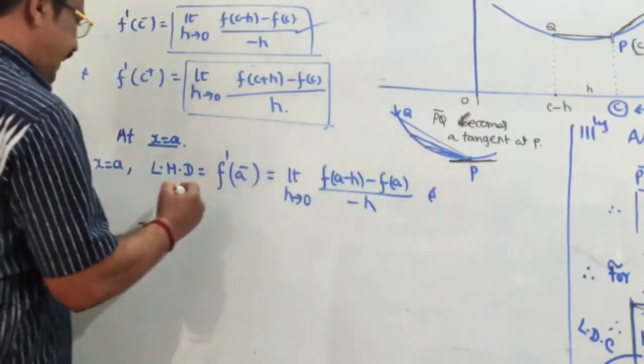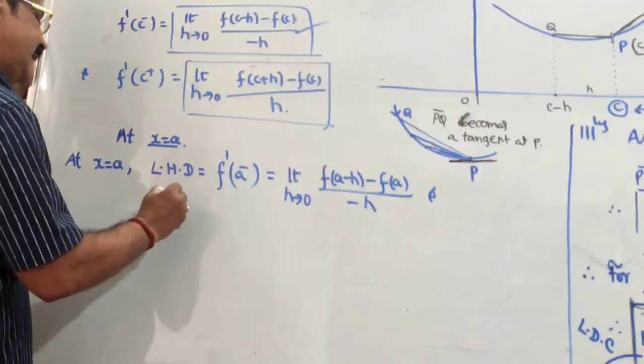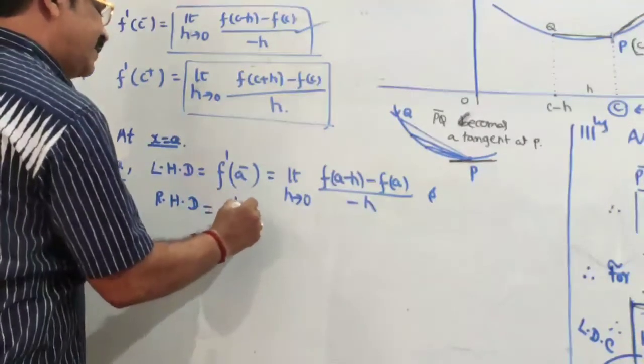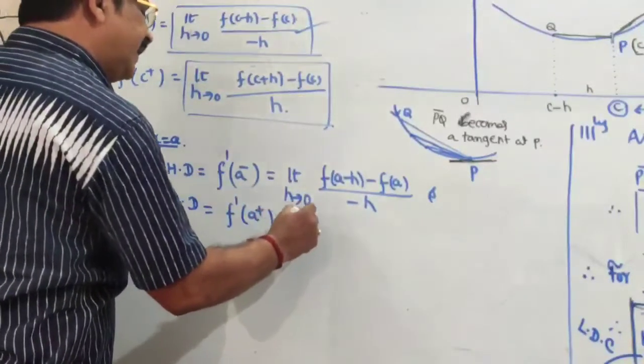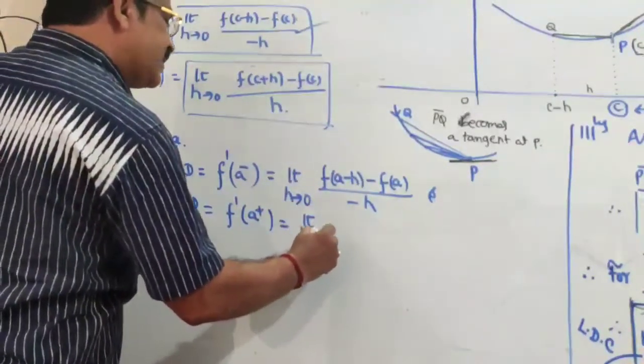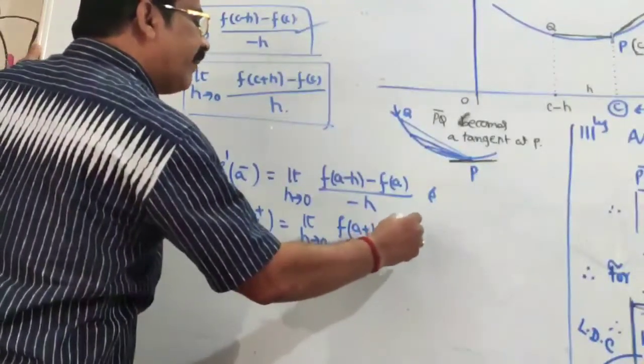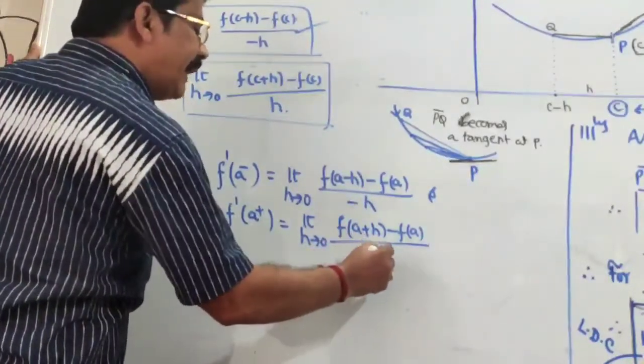And RHD at x equal to a is f dash of a plus, equal to limit h tends to 0, f of a plus h minus f of a divided by h.